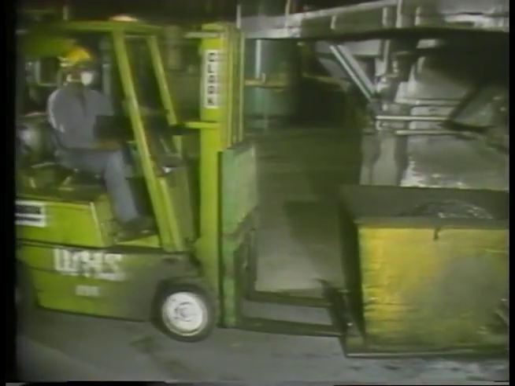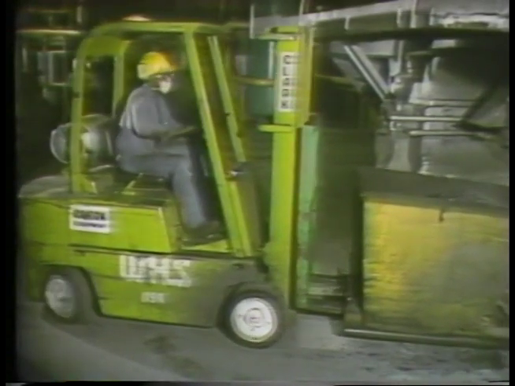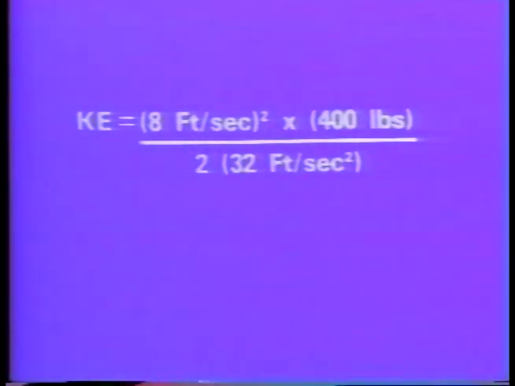We've established that when the container of mill rejects moves at a velocity of 8 feet per second and weighs 800 pounds, it possesses 800 foot-pounds of kinetic energy. Let's see what happens if we reduce the weight by 1/2, but keep the speed the same. Plugging these values into the equation, we get kinetic energy, Ke, equal to a velocity of 8 feet per second squared times a weight of 400 pounds divided by 2 times 32 feet per second squared.